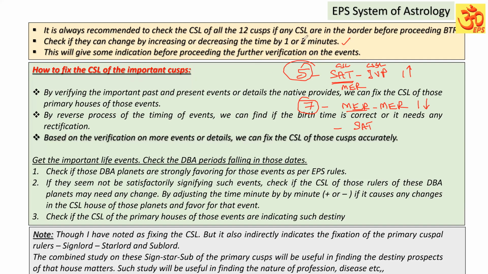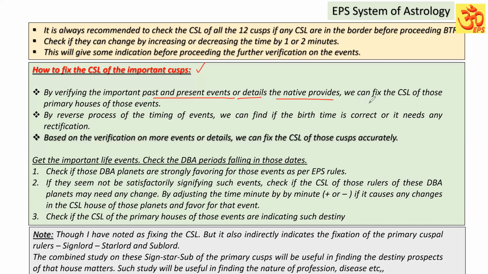How to fix the cuspal sublot of the important cusps? By verifying the important past and present events or details the native provides, we can fix the cuspal sublot of the primary houses of those events. By the reverse process of the timing of events, we can find if the birth time is correct or needs rectification.